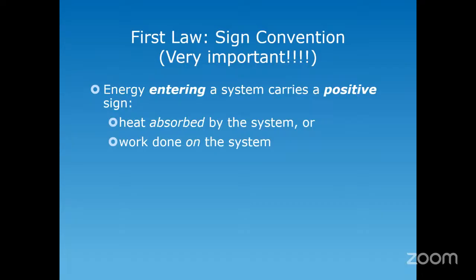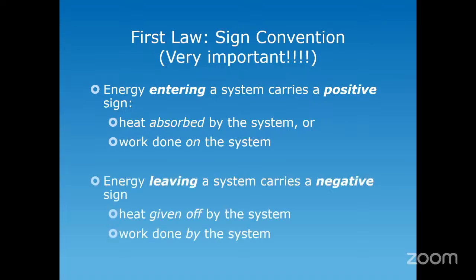So basically what you need to recognize is that if you have energy entering the system, then that could be due to heat being absorbed by the system or work done on the system. In either case, the energy change will be positive for that system, right? If energy is applied to a system, then the energy change would be positive.